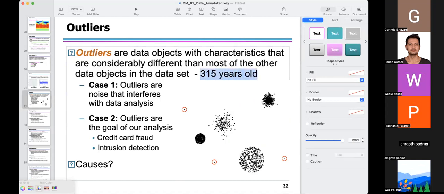Most of the people in the data are between the age of 20 and 80.